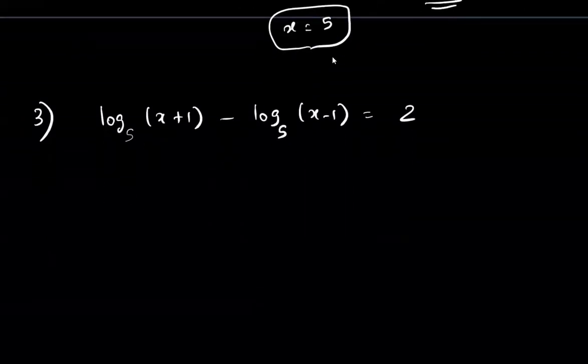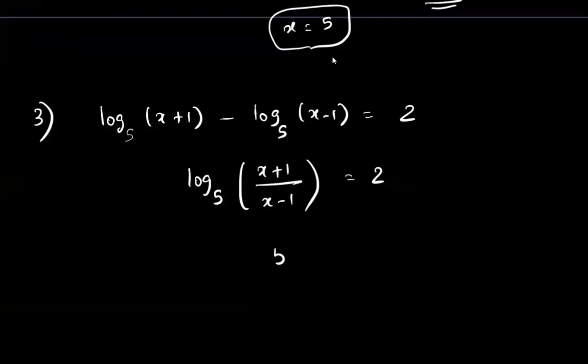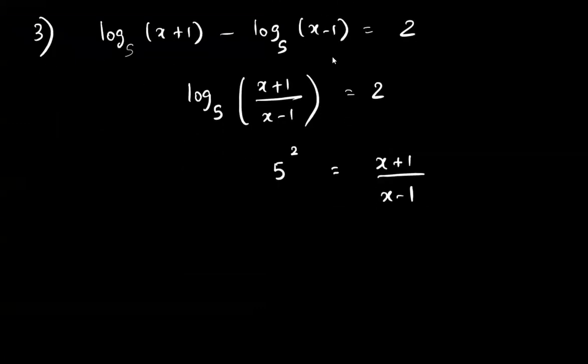So I combine the left-hand side into a single log, and since this is a difference, it becomes a quotient. But you can see that the right-hand side is not a log, it is just a number, okay? So I convert this statement into the exponential form, so it becomes 5 to the power of 2 is x plus 1 over x minus 1. 5 to the power of 2 is 25.